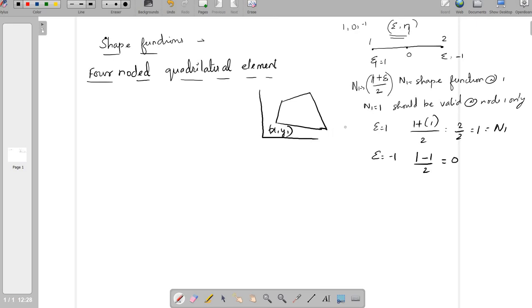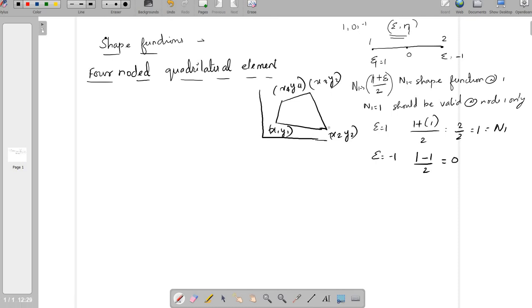For that we have to formulate the local displacement. When you multiply the local displacement with the shape function, you can get the global displacement. So I am representing the global set of element, and all four coordinates I have mentioned in the parent representation.